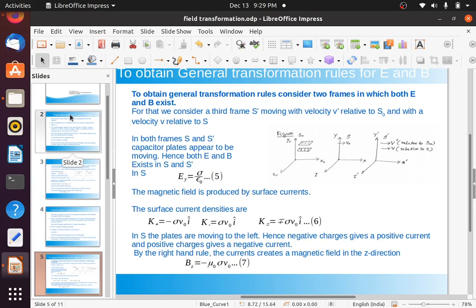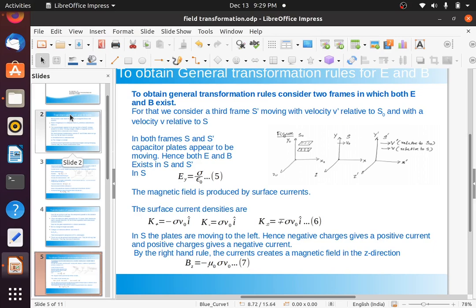So what will be the case? When you are looking from the S frame, because of the relative motion, because of the motion of the capacitor plates, a current arises, and as a result a magnetic field is produced. While you are looking from the S dash frame, you will have a different velocity, so a different current arises and a different magnetic field.